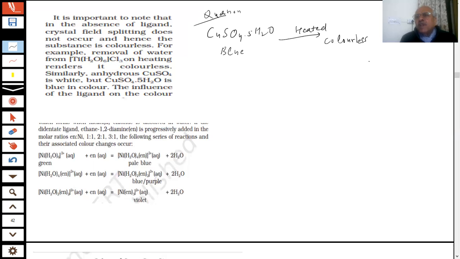Now you have to explain it. This is a question in the paper. You can see how the questions are prepared. What is happening here?